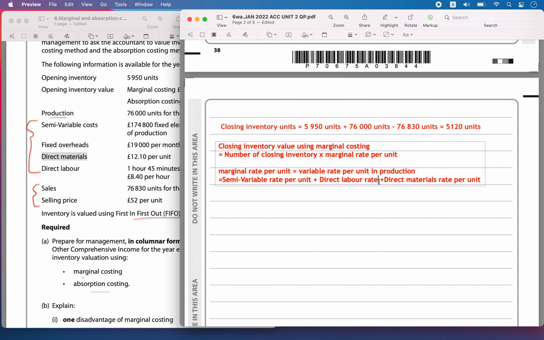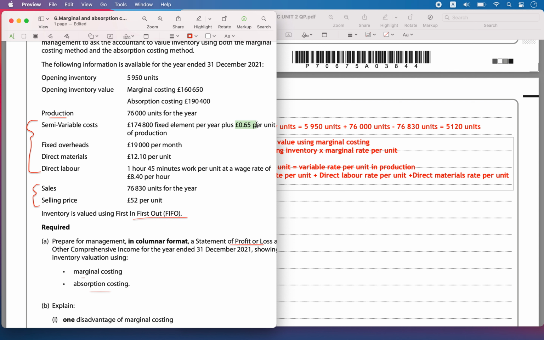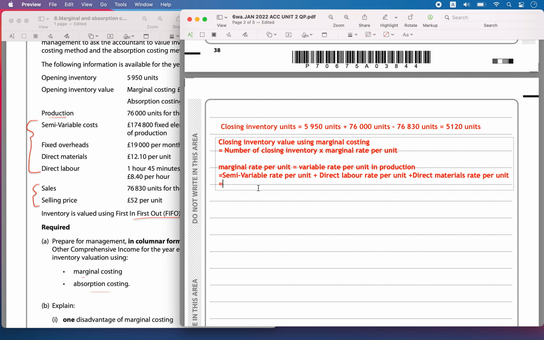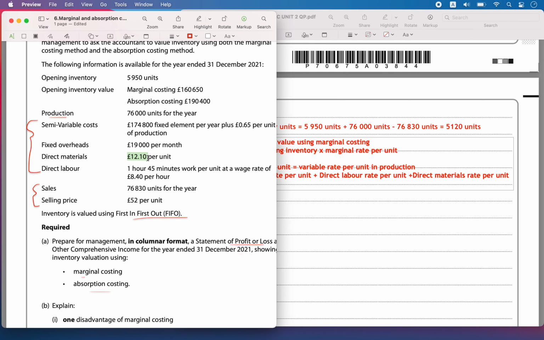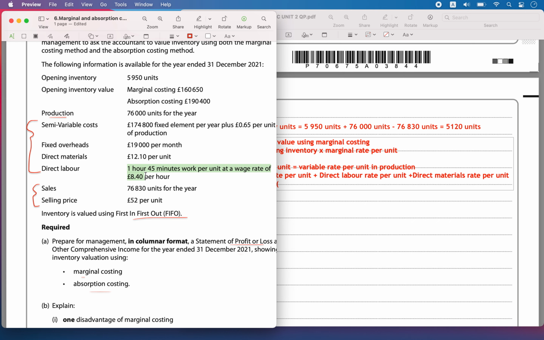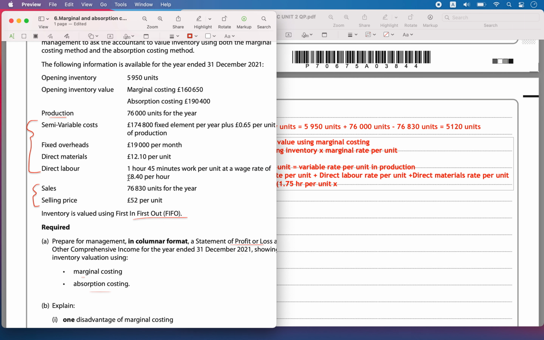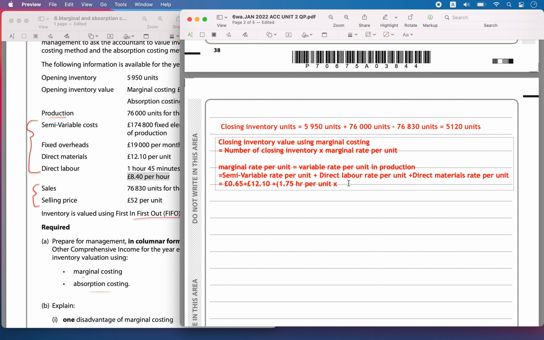These are going to constitute the marginal cost. In the semi variable, only 0.65 per unit represents the variable rate, so that one we will include. The direct material is 12.10 per unit, so that will also be included, plus the direct labor, which is 1 hour 45 minutes, that is 1.75 hours per unit, into the rate paid of 8.40 per hour.